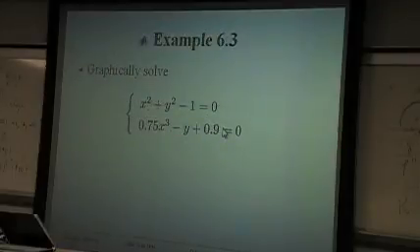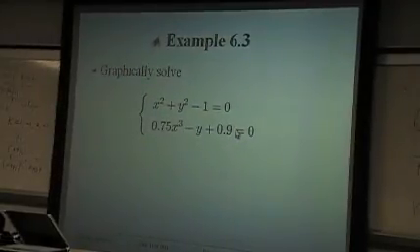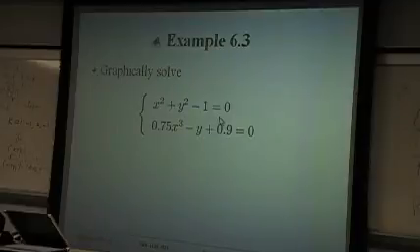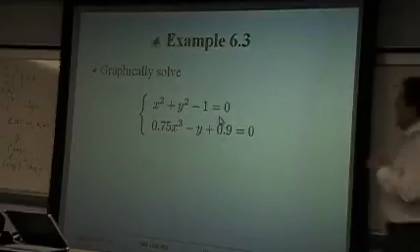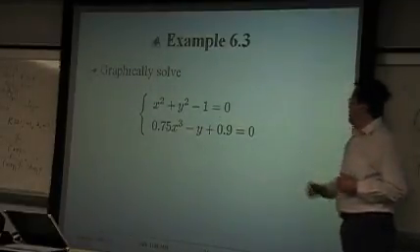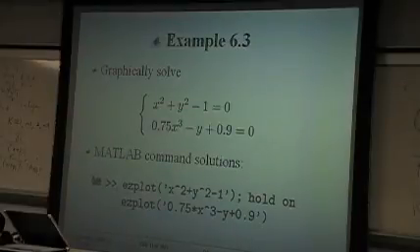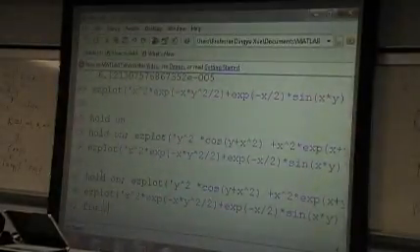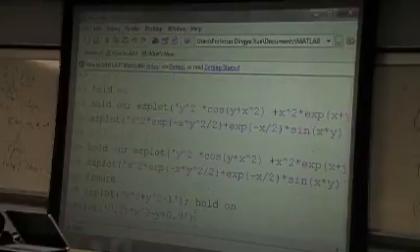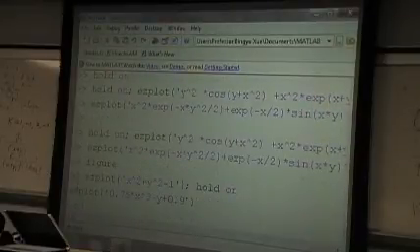And now let's consider another equation set. If we want to solve this equation set, we can also use the graphical method because there are only two variables. So these are the commands to use. And we can use the figure command to open a new figure window, and then we can draw the results.